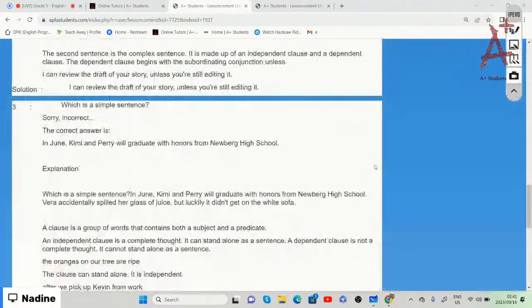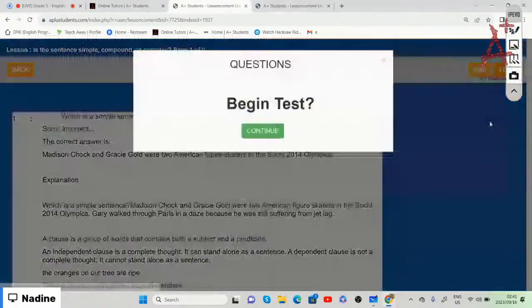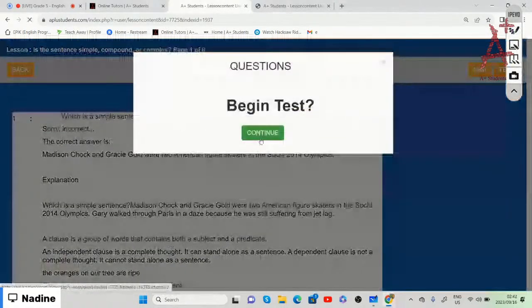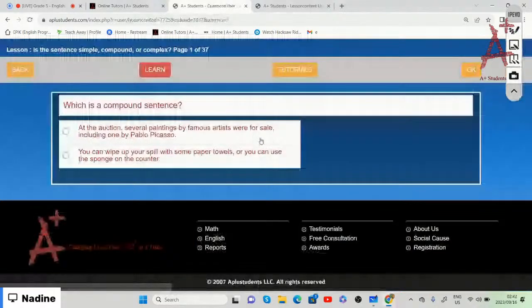All right. So we're going to our test, where we are going to say if the sentence is simple, compound, or complex. A simple sentence has a subject, it has a verb. A simple sentence has one independent clause.